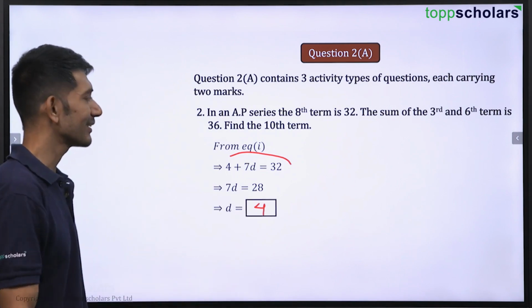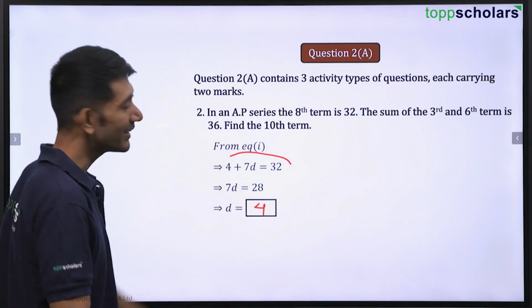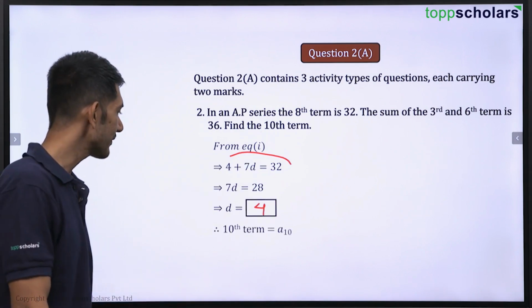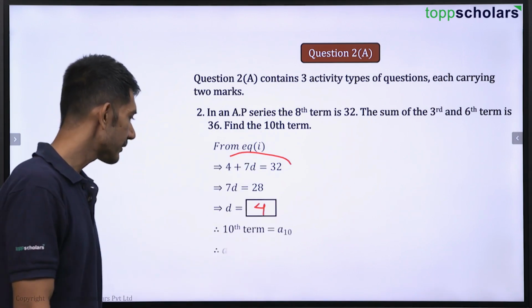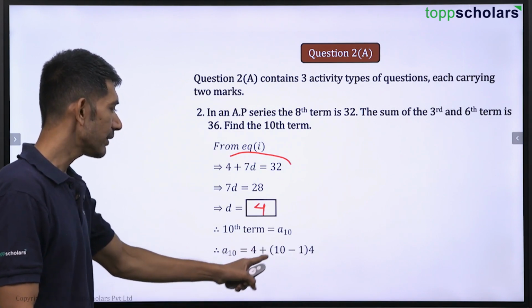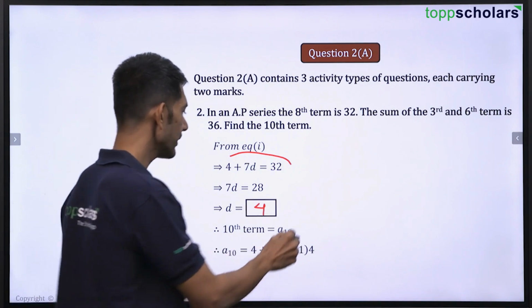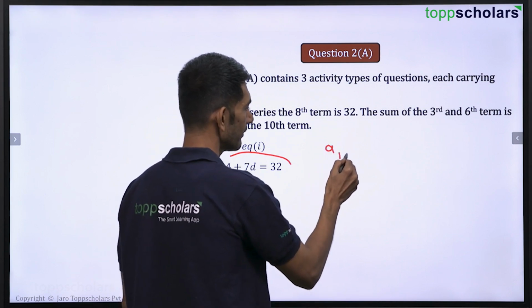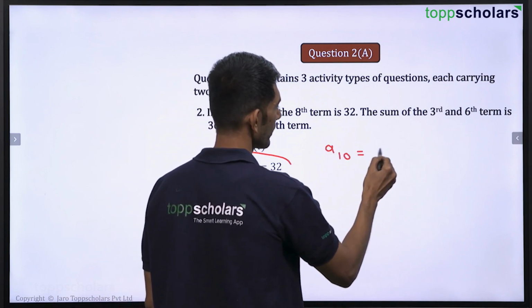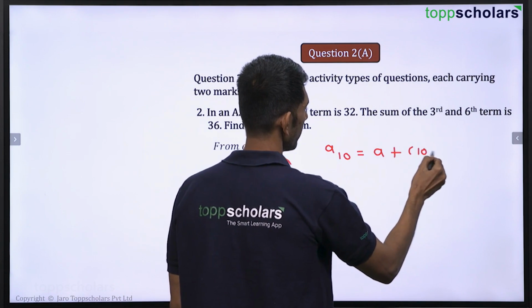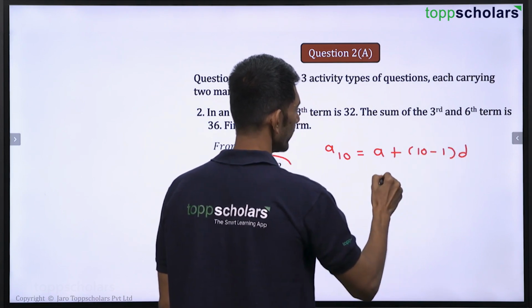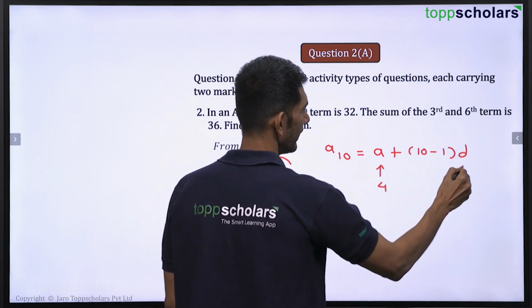Still the question is not done because we are supposed to find out the 10th term here. So what will be the 10th term? 10th term is A10. A10 is what? A plus 10 minus 1 into D. But we have already solved that A is 4 and D is 4.